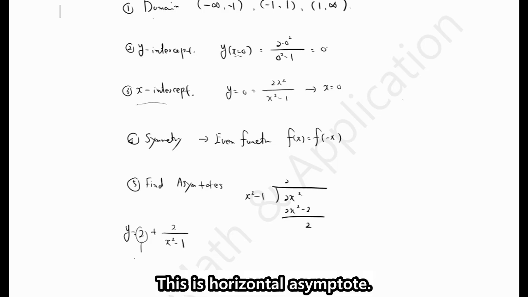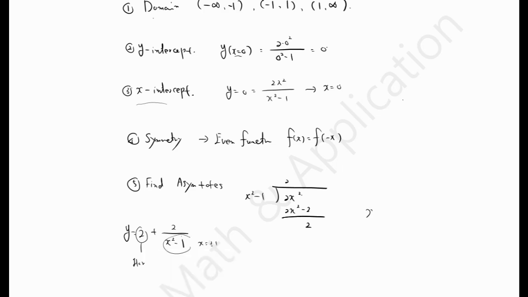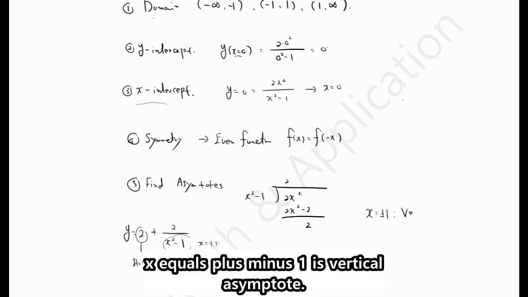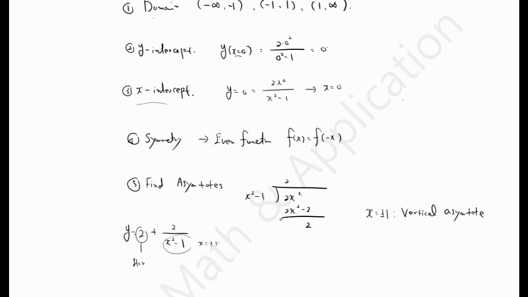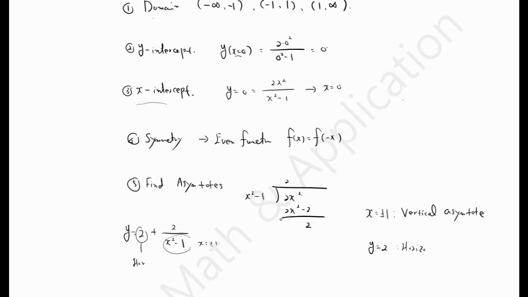So x equals plus or minus 1 is the vertical asymptote, and y equals 2 is the horizontal asymptote.